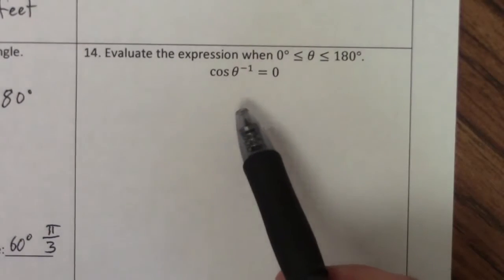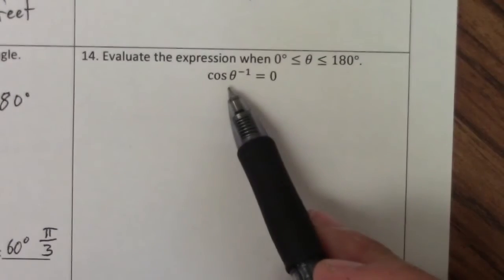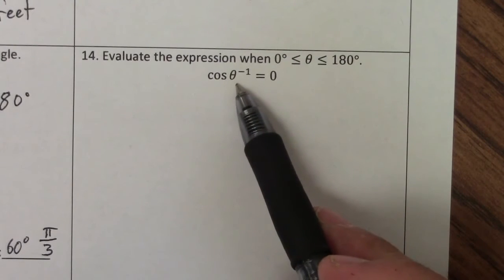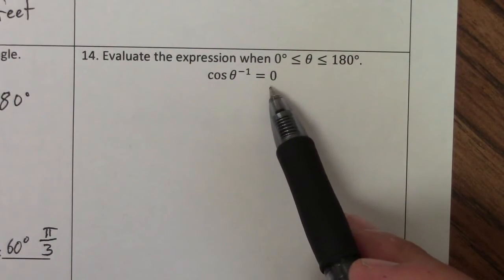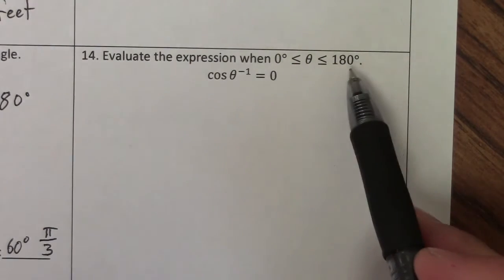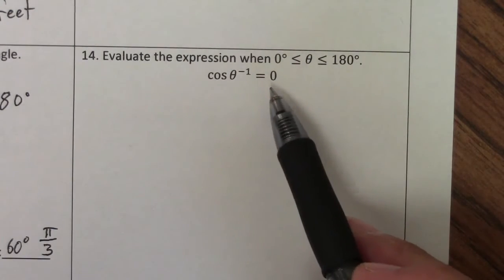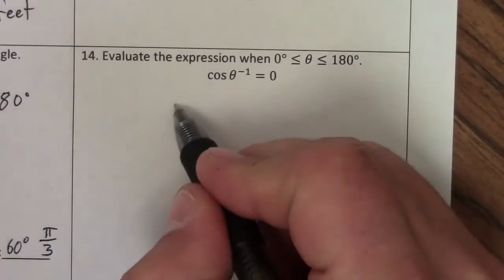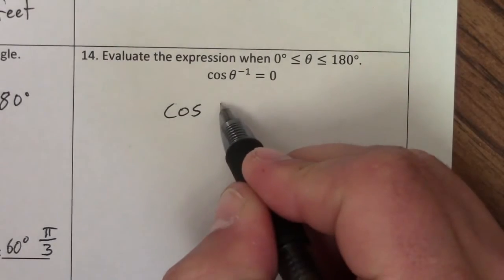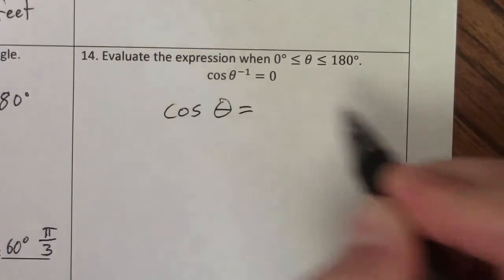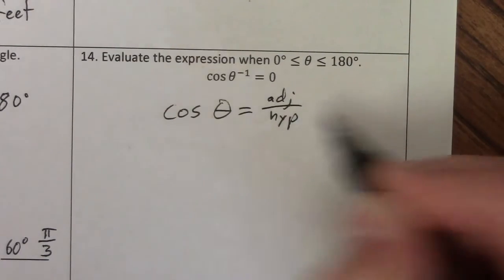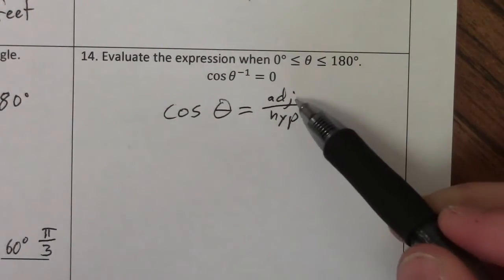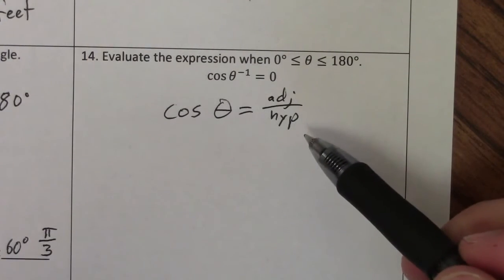On this problem, we're not going to use a calculator, but we're going to try to figure out when is cosine theta equal to 0? What angle causes it to be 0? And in particular, what angle that's between 0 and 180 degrees causes cosine to be 0? So we know that cosine of theta equals the adjacent side over the hypotenuse. However, to get an adjacent side of 0, we're not dealing with a triangle.